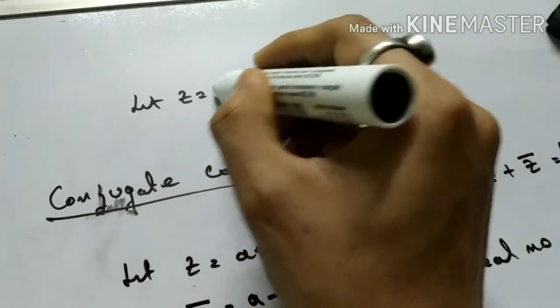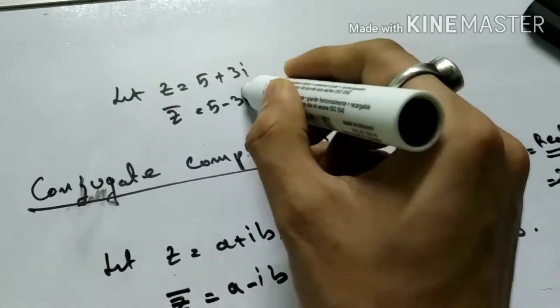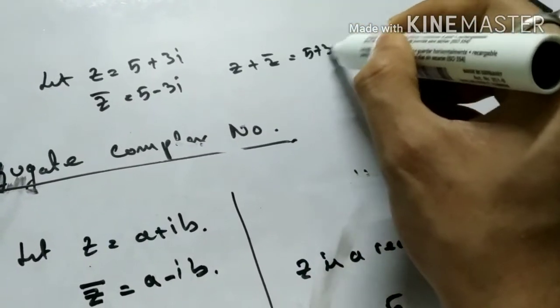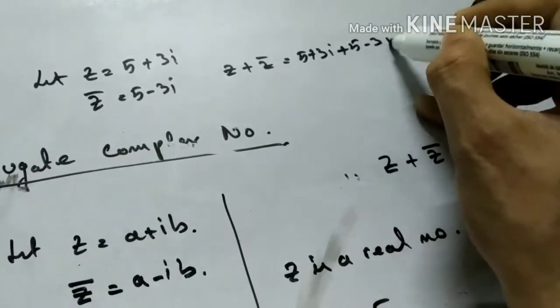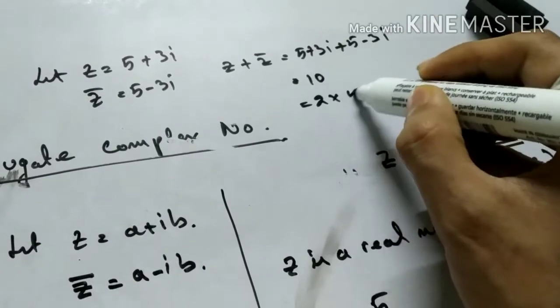Yes, let's check it. Let Z is equals to 5 plus 3I, then Z bar will be 5 minus 3I. So Z plus Z bar is equals to 5 plus 3I plus 5 minus 3I. So this becomes 10, which is equals to 2 into 5.